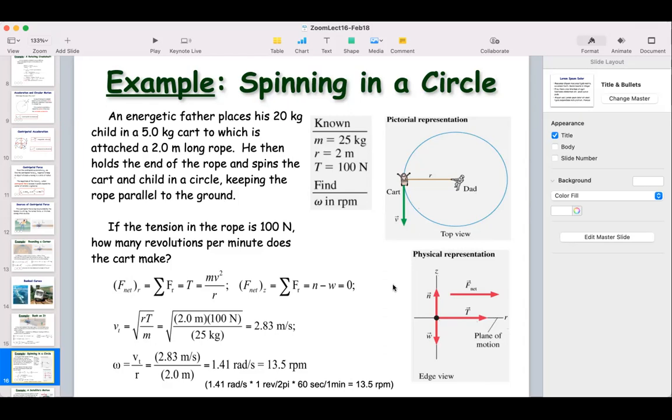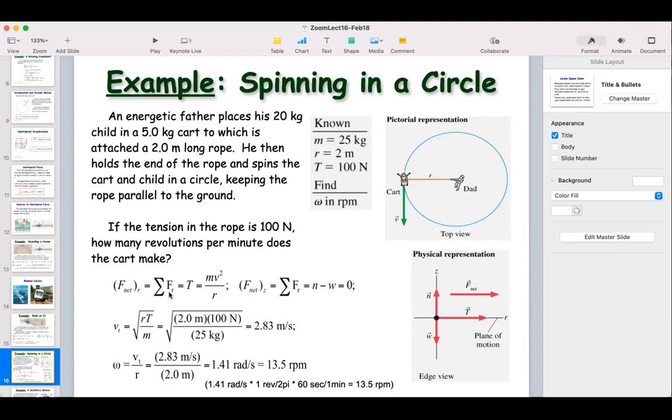If we look at this component along the Z axis or Y axis, whatever you want to call it, we have the normal force minus the weight, which is equal to 0. Here normally it is capital N, here it is small n, but it's the same, it's the normal force, minus the weight equal to 0.